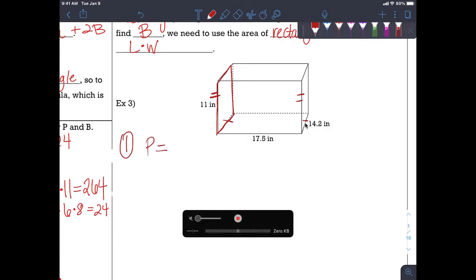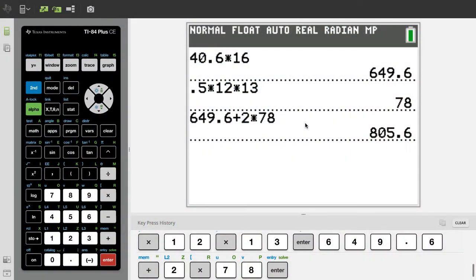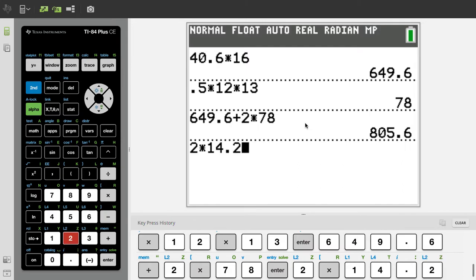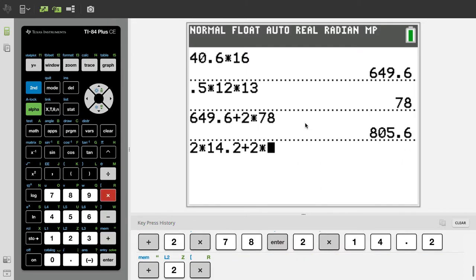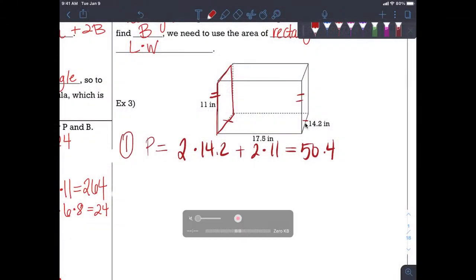I'm going to have two of these 14.2s. So 2 times 14.2 plus 2 times 11. Let's put that in our calculator. 2 times 14.2 plus 2 times 11. 50.4. All right. So I have my perimeter.